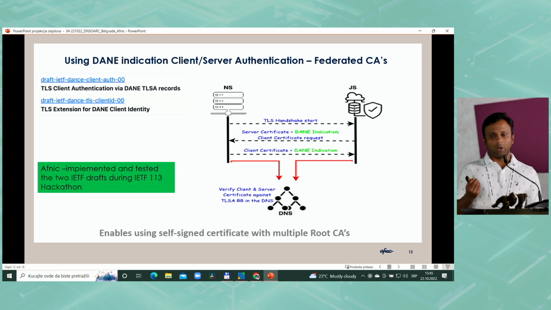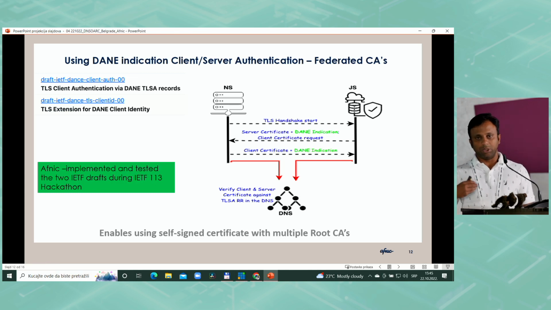There were already implementations for the 2 drafts, done by Shumon Huque. We took these implementations and implemented them in our LoRaWAN use cases. The TLS library was also updated. Then we did the test using this DANE client indication with the university.